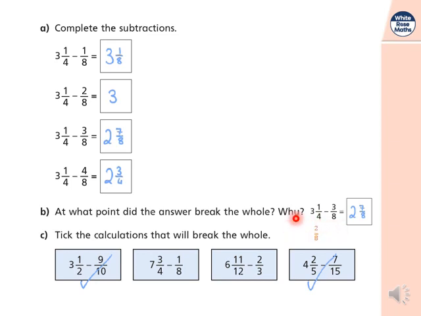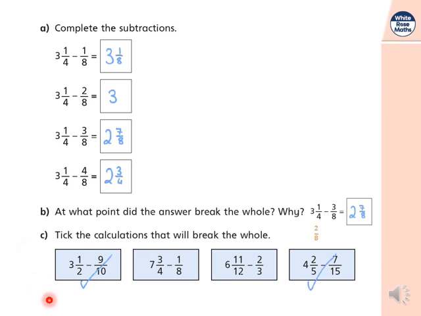And it asked you why. And we looked at that before about how in our mixed number, the numerator in the mixed number is less than what the numerator is in what we're taking away. So that was your clue as to how do you know which one it is and why it is going to break the whole. And then the last question, it says tick the calculations that will break the whole.